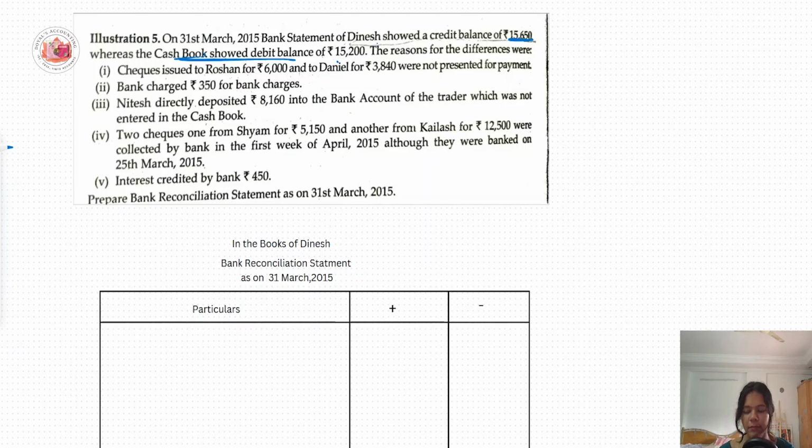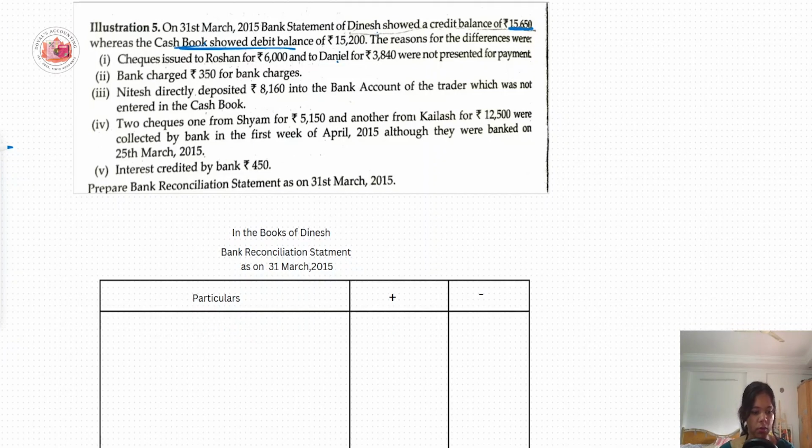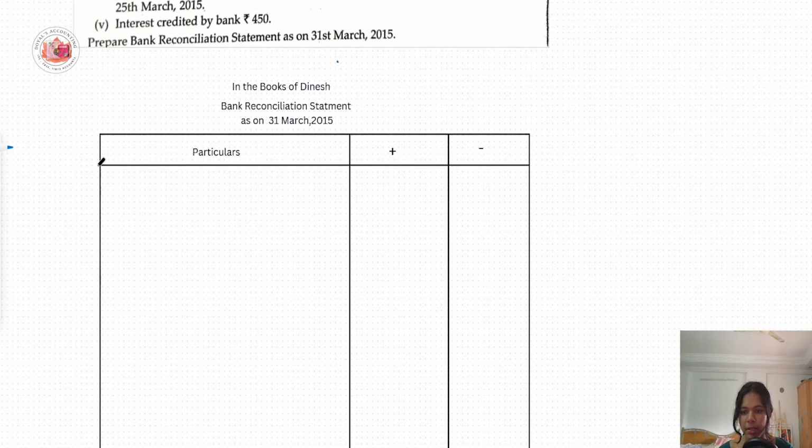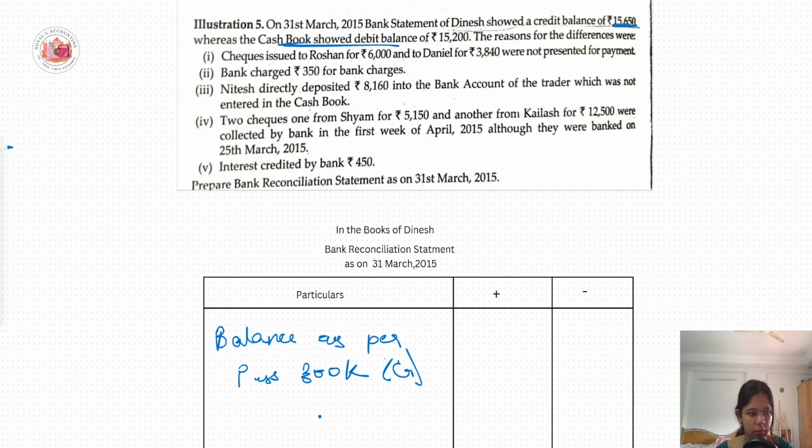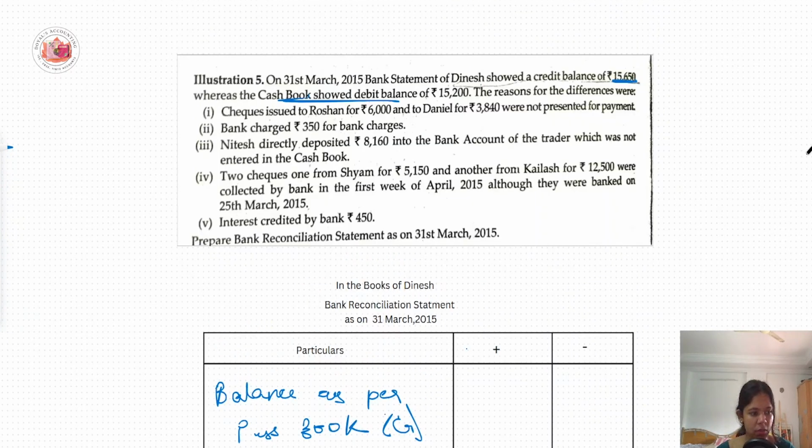In this case, we are going to start with our passbook. So I will write down my passbook balance, credit 15,650. I will write it in my plus column.